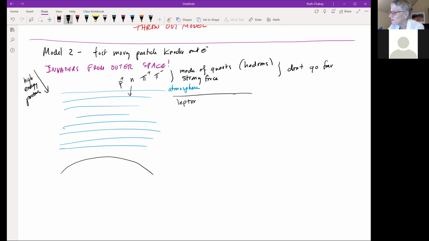We get leptons. They don't interact with the strong force. So we get electrons. Electrons are very low mass though, and so they're easily deflected. So they don't really make it very far.